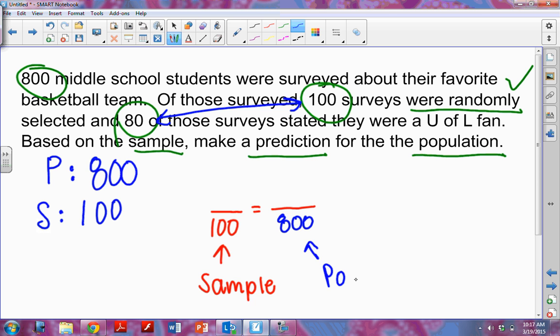So we need to know, based off of our sample, how many the population is going to be. Well, I know 80 people out of the sample that I took of 100 voted for U of L. Go Cards. In my population, I don't know how many. That's where I'm using my sample to make my prediction.